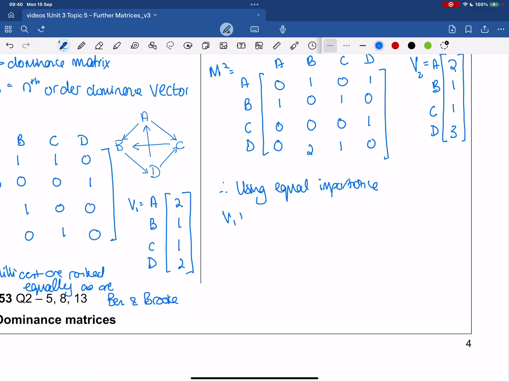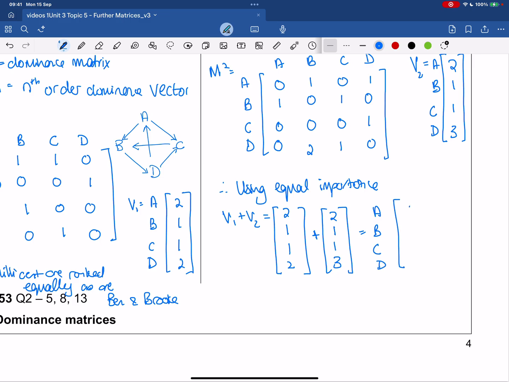I have V1 plus V2, which will be 2, 1, 1, 2. And the order of those matrices are the same, so I can add them. And that then gives me 4, 3, 2, and 5.